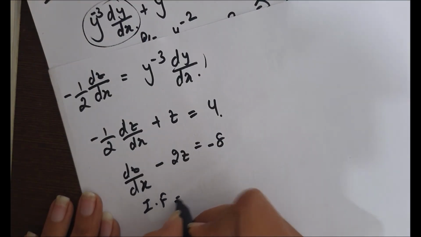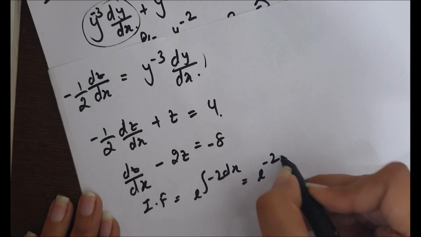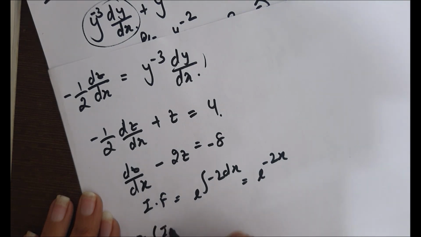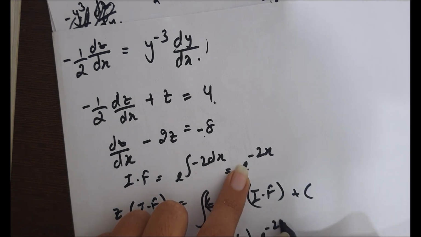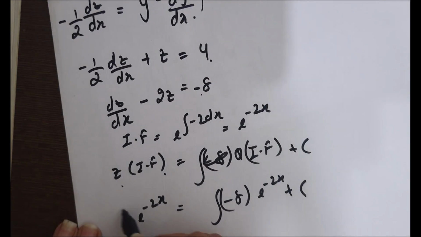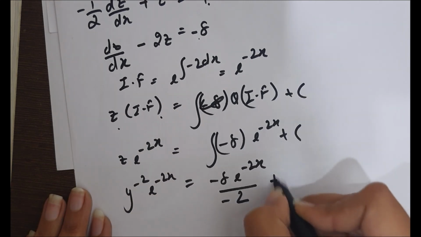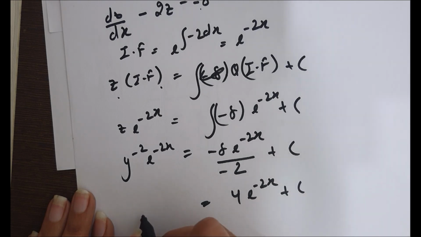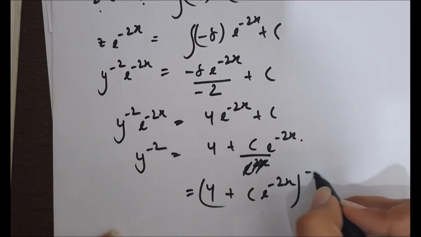Now the integrating factor is e^(-2x). z into integrating factor equals the integral of minus 8 Q into integrating factor, that is minus 2x, plus c. z into e^(-2x). Now put y raised to power minus 2 in place of z. Then take the square root.